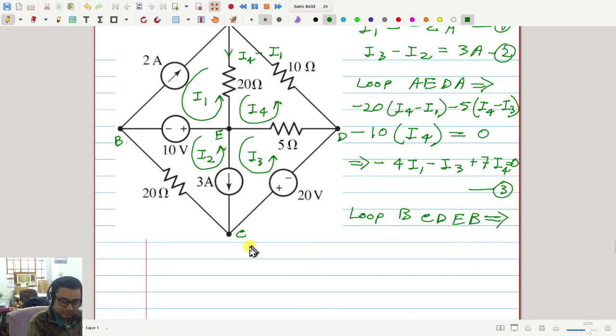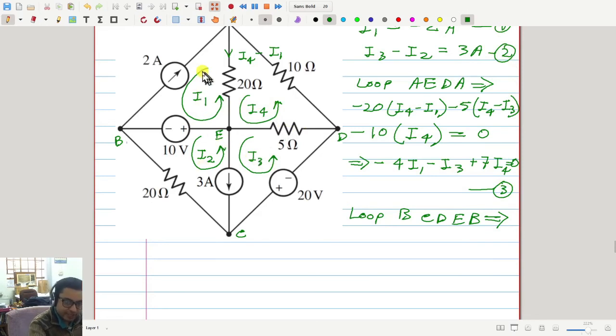Sir, why did you take the lower 2 triangles together? Why did I take the lower 2 triangles together? Yes, sir. Because I got 3 equations, but I need at least 4 because there are 4 unknowns.